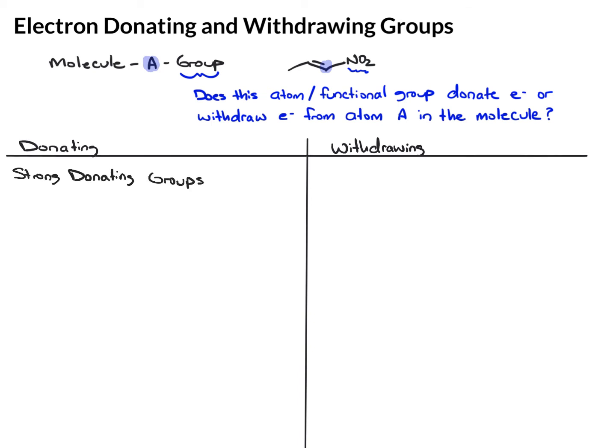And these strong donating groups might come as a bit of a surprise, because the strongest donating groups on an atom tend to be what we call Z with a lone pair, or Z could be oxygen, nitrogen, or sulfur with a lone pair.